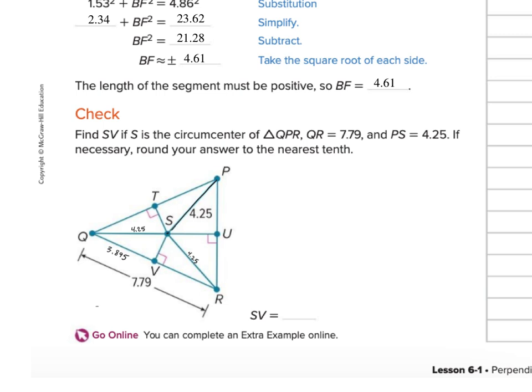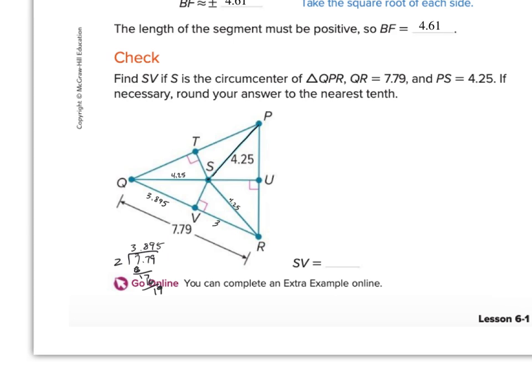Let's see. 7.79, I don't have a calculator on me, divided by 2 is 3.895, yeah, okay.